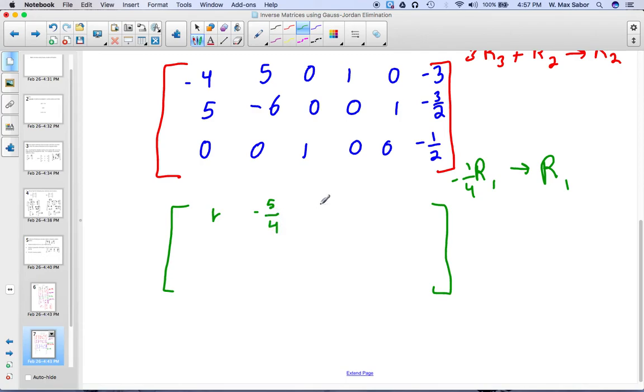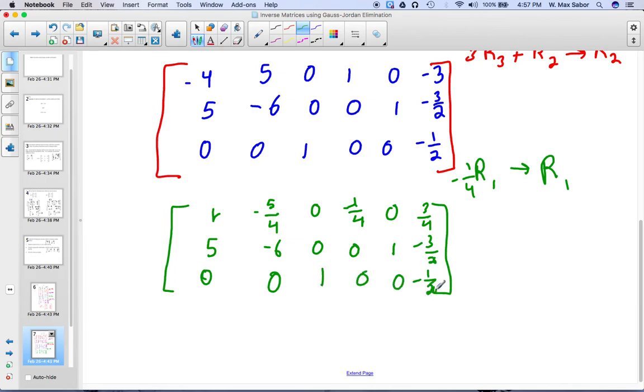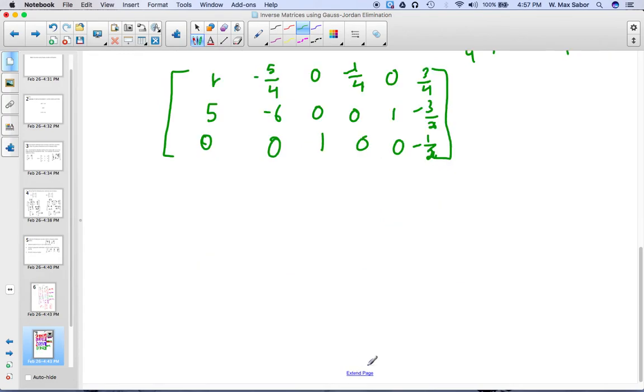Negative 5/4, 0, negative 1/4, 0, and that becomes 3/4. 5, negative 6, 0, 0, 1, negative 3/2. I can't promise that this will always turn out prettily as your answer. Good handwriting does help.